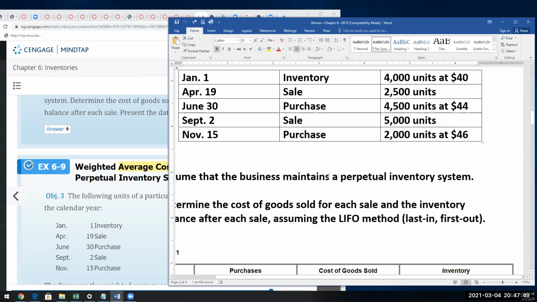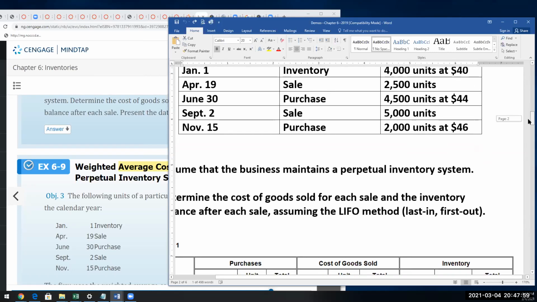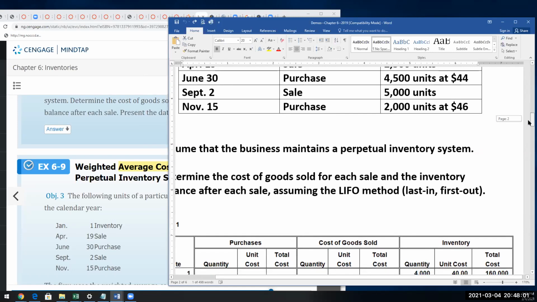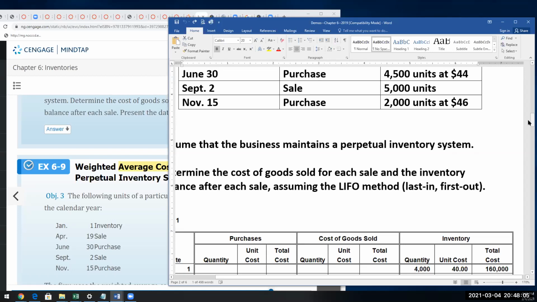So here we go. You will notice that the very first line is identical because that's a fact. It didn't change. We had 4,000 items at $40 each. Our total cost is unchanged. It's the same no matter what. That's what we started with. And again, these authors have come up with this grid that's useful for education.